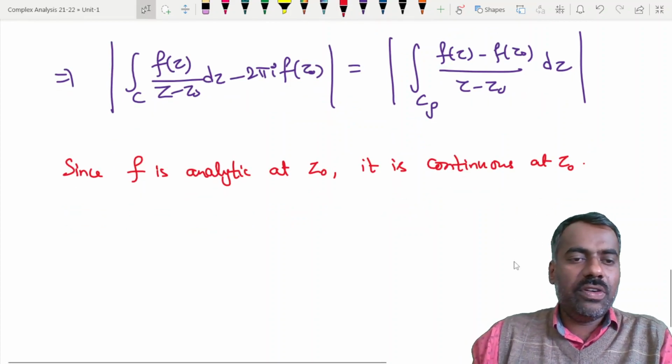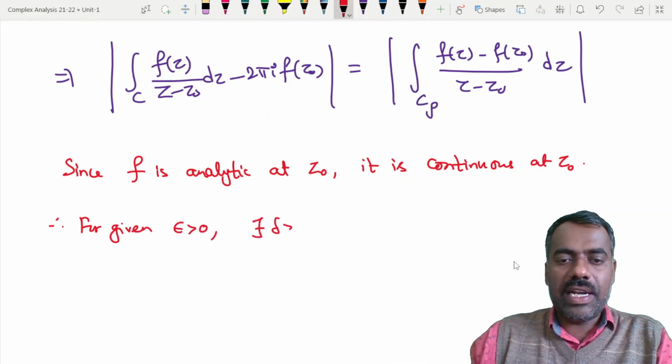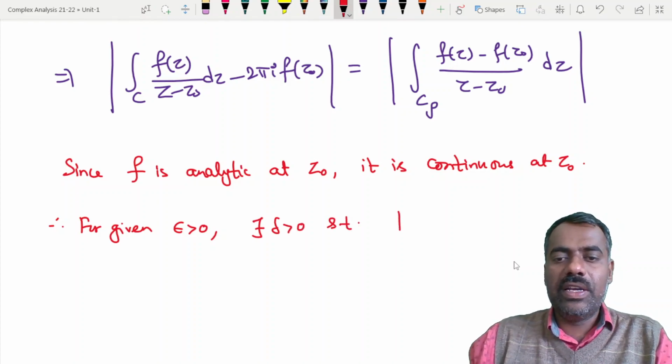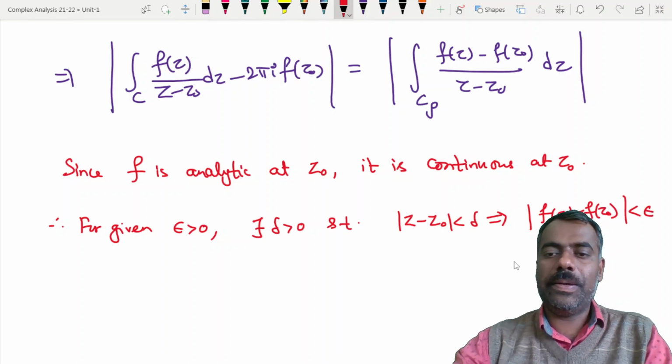So for a given epsilon greater than 0, there exists a delta greater than 0, such that whenever mod z minus z naught is less than delta, then mod f of z minus f of z naught is less than epsilon.